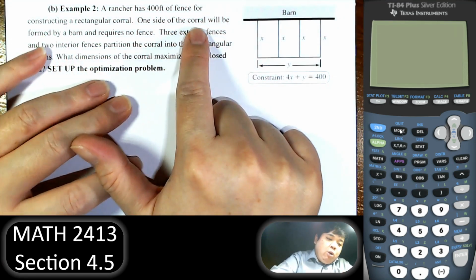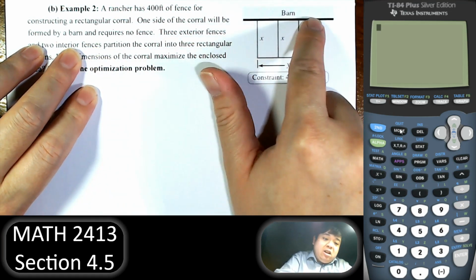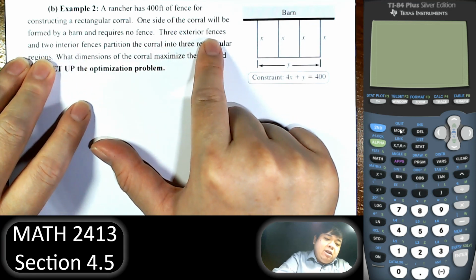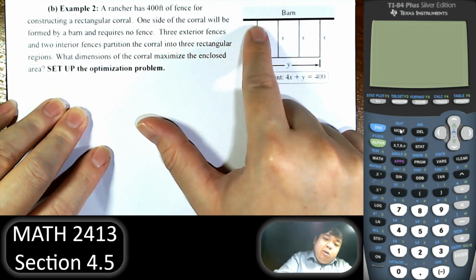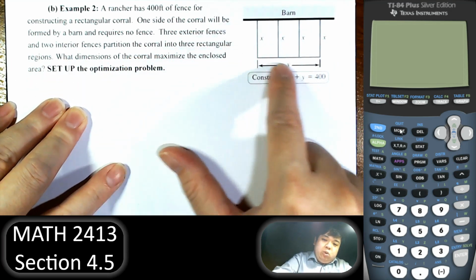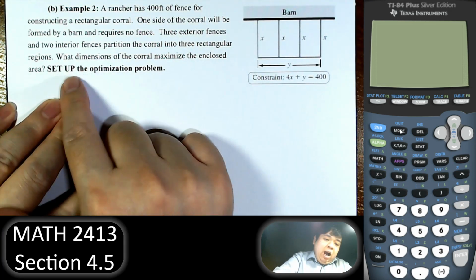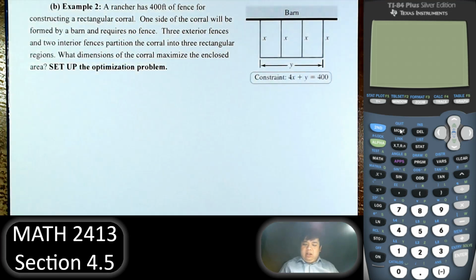One side of the ground will be formed by the barn, so you don't need the fence on that side. 3 exterior fences and 2 interior fences will be part of the ground. So pretty much we're going to find what dimension of the ground maximizes the enclosed area. So we're trying to find the maximum area here.